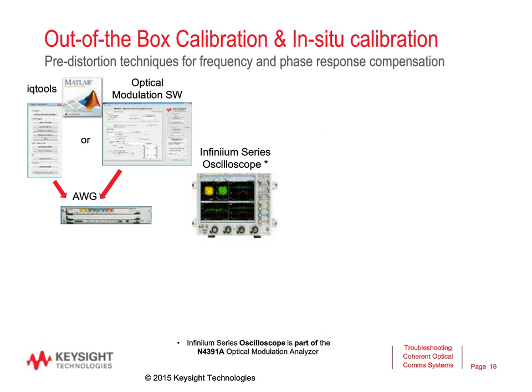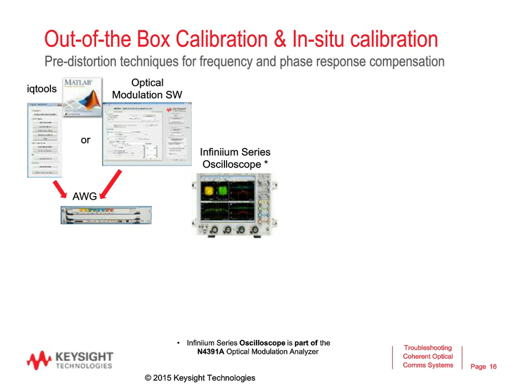I'm going to show now how we are supposed to do this out-of-box calibration and especially the in-situ calibration. Typically, you would use either our optical modulation software or our IQ tools. IQ tools is a collection of programming examples that are available from our website based on MATLAB.